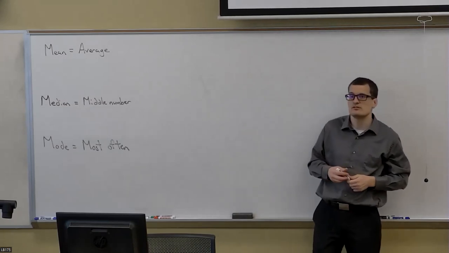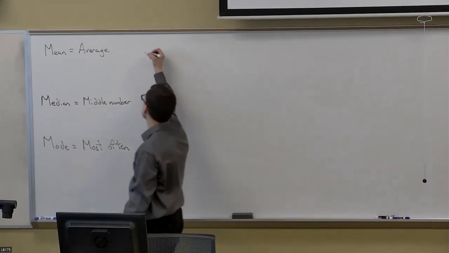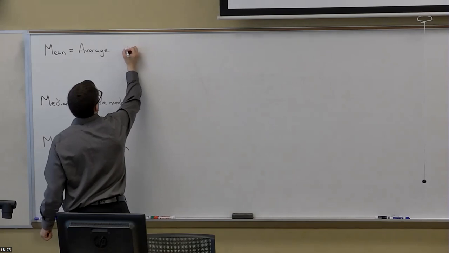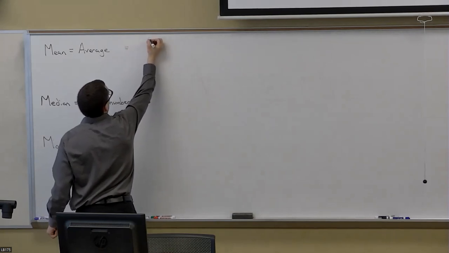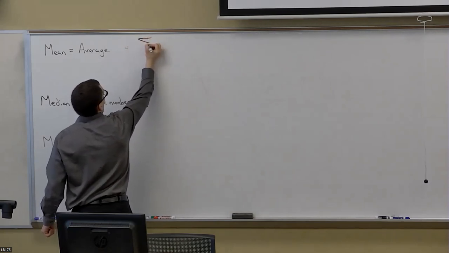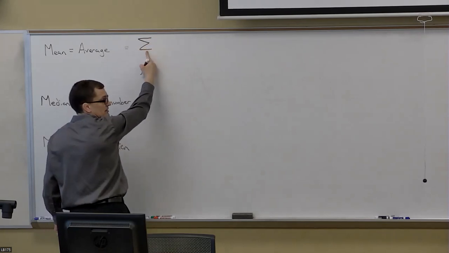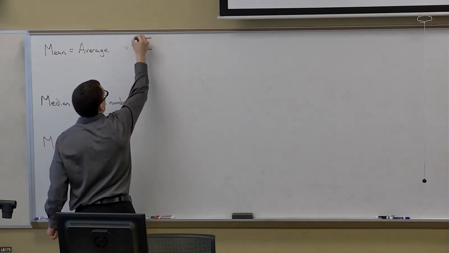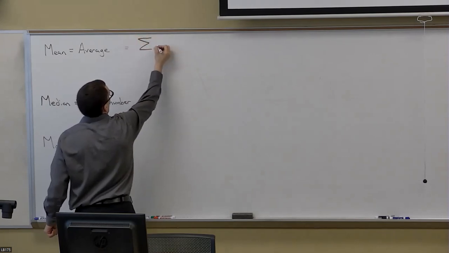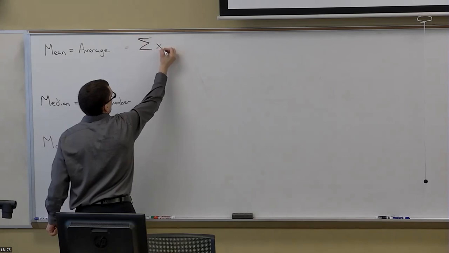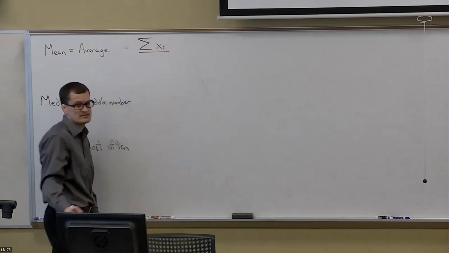I'm gonna write a short mathematical description. I'm gonna write this symbol, which means add up. This is a capital sigma. Add up all of the values in the set, which I'm just gonna call x's, x sub i's.